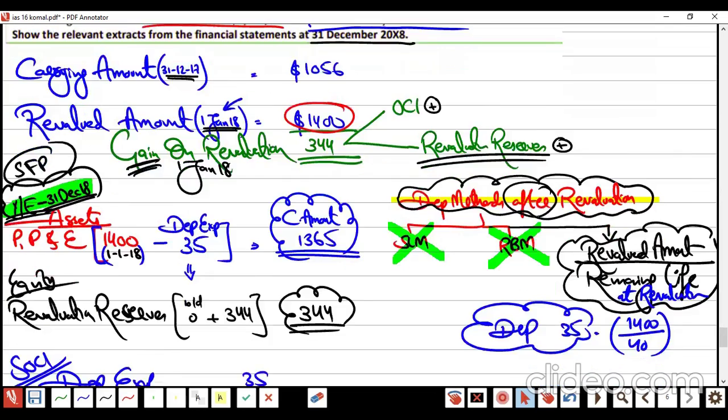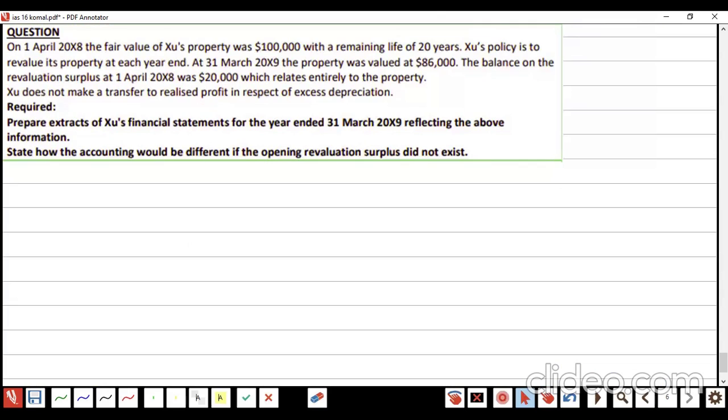But here the revaluation is at the end of the year, so first we will do depreciation, then we apply the revaluation rules. Got it? The end means first depreciation, then revaluation.